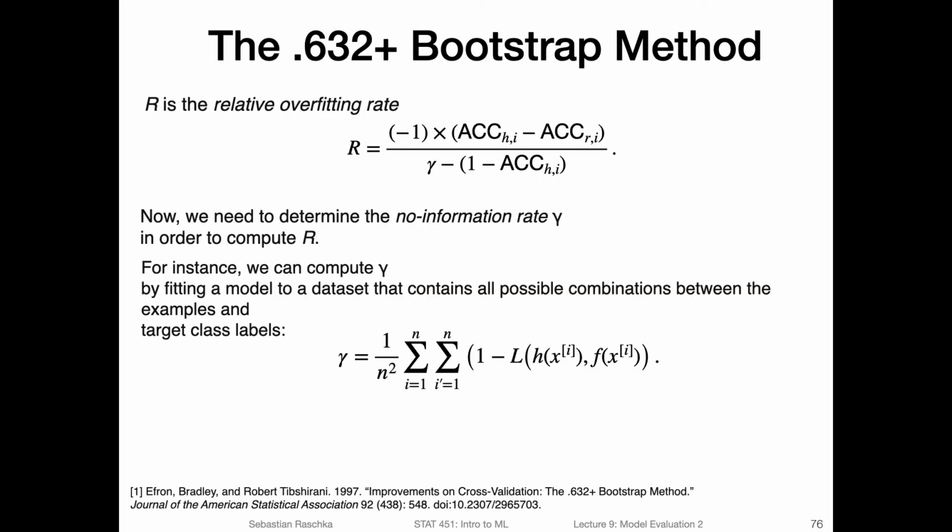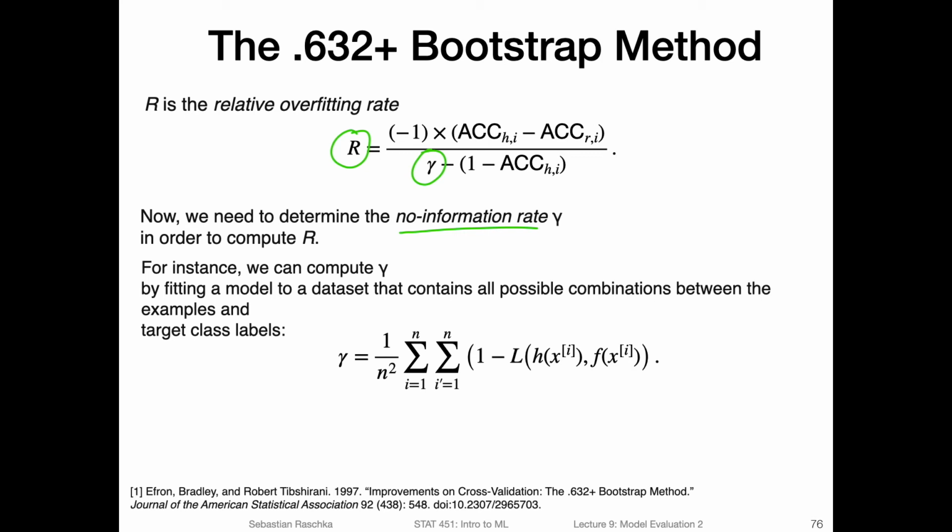So here's another fresh slide where I have a little more space. We have talked about R, the relative overfitting rate, which includes this gamma here. And gamma is the no information rate. So the no information rate is the performance of a model if there is no information in the data set. So you can think of combining each training example with each possible class label. So if you have the iris data set, think of taking every flower in the iris data set and duplicating it.